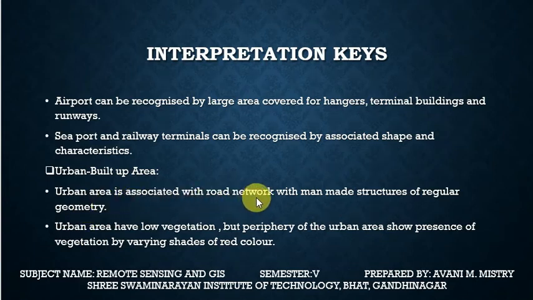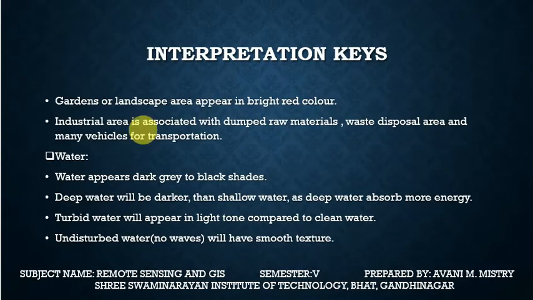Urban area is associated with a road network with man-made structures of regular geometry. Urban area has low vegetation, but the periphery of the urban area shows the presence of vegetation by varying shades of red color. Gardens or landscape areas appear in bright red color.